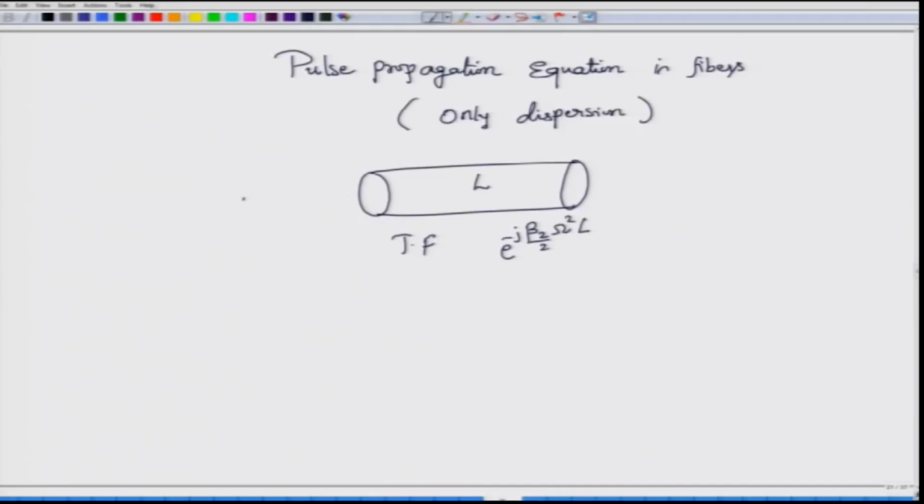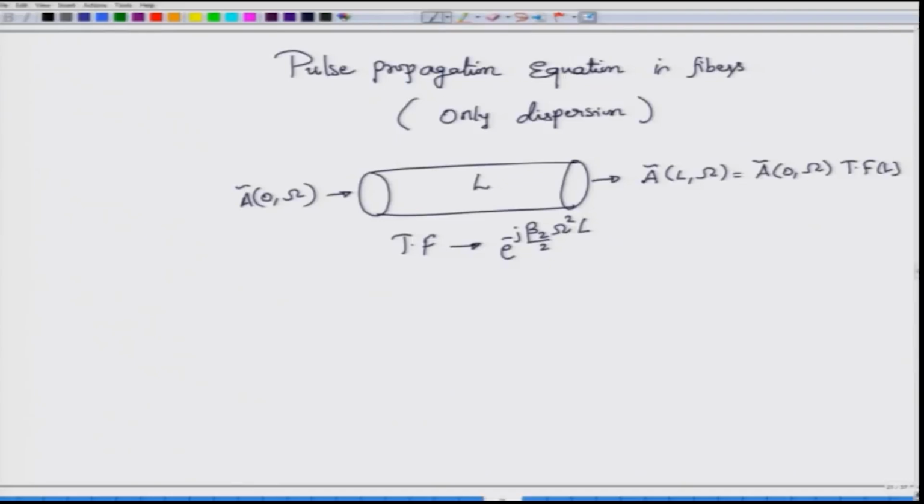If I know the Fourier transform of the pulse launched into the fiber, then I can find the Fourier transform of the same pulse at the output by multiplying the input Fourier transform with the transfer function, which of course is a function of the length L. This is the transfer function that we derived, or at least made plausible, in the previous module.